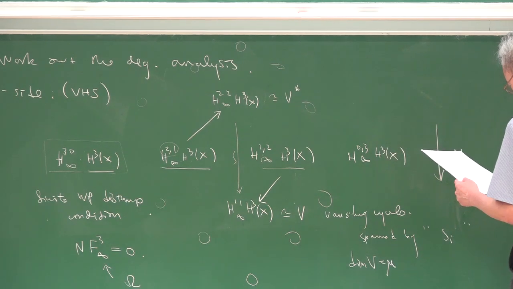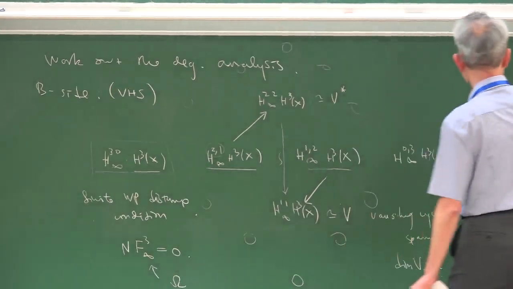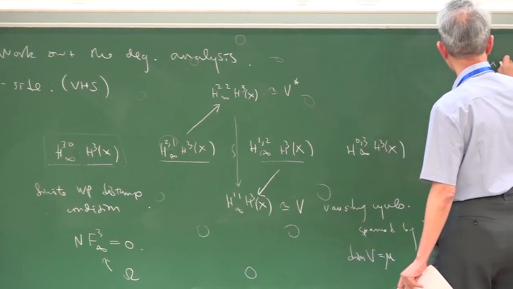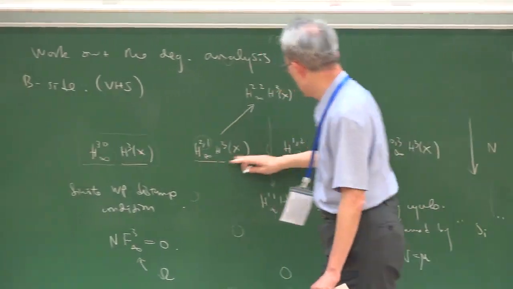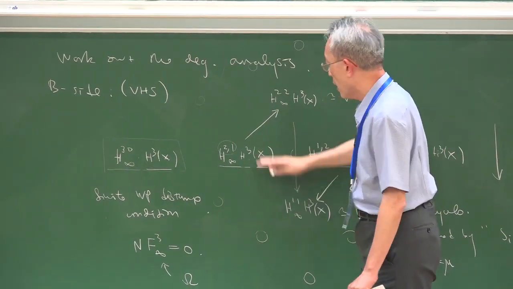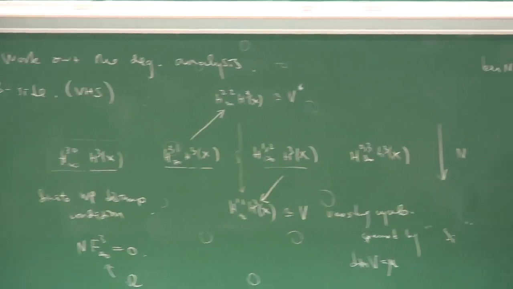Moreover, the horizontal piece. So you look at the kernel, then because everything here, the five terms, they are annihilated by the total monodromy.